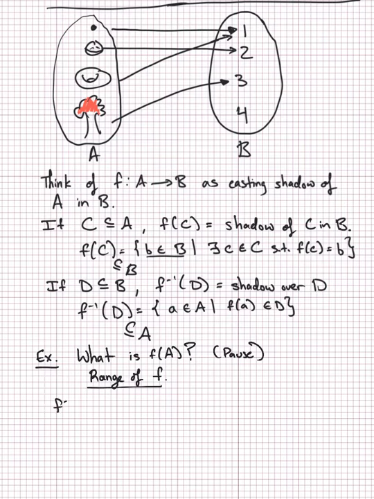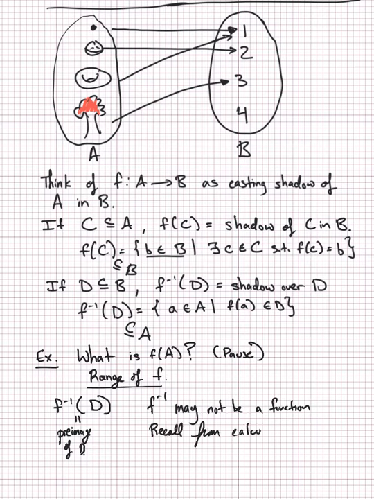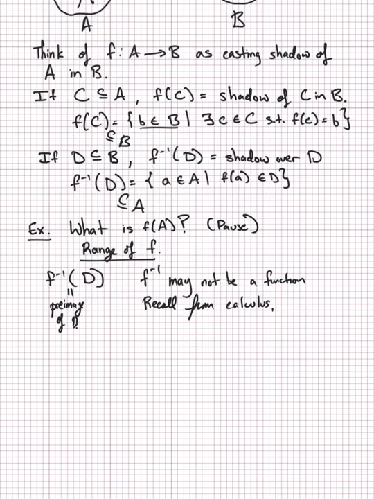One other thing to point out is, if I write f inverse of D, well, I even said f inverse, it's bad of me to say it. So this is called the preimage of D. The point to make is that f inverse may not be a function. Recall from calculus, not every function is invertible.